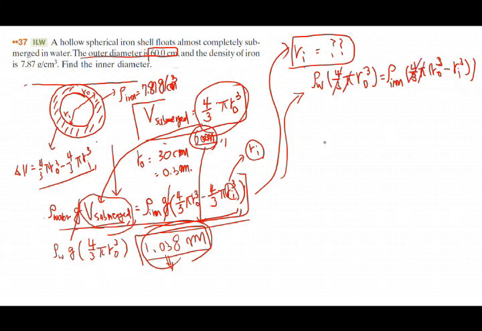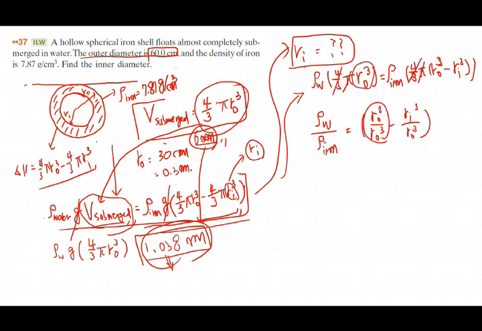If you divide both sides by rho iron, then there should be rho water by rho iron. And you also divide both sides by R outer radius cube, then that should be rho water over rho iron equals outer radius cube minus inner radius cube, divided by outer radius cube, right?